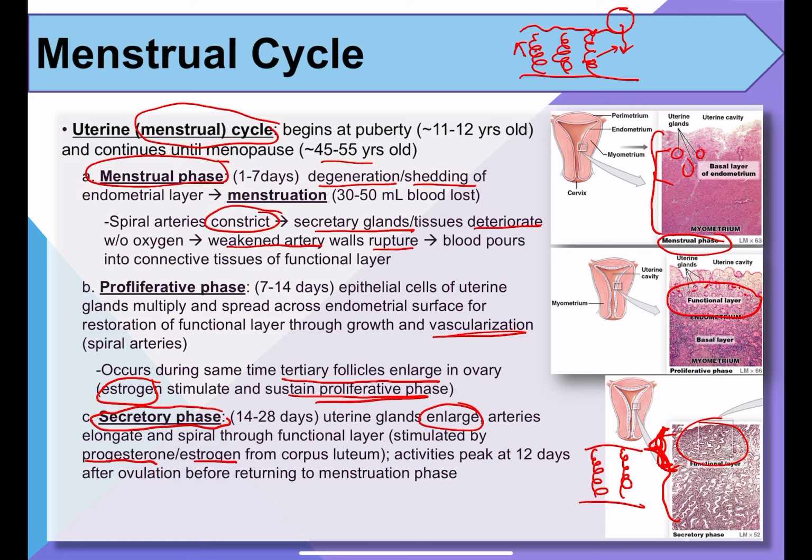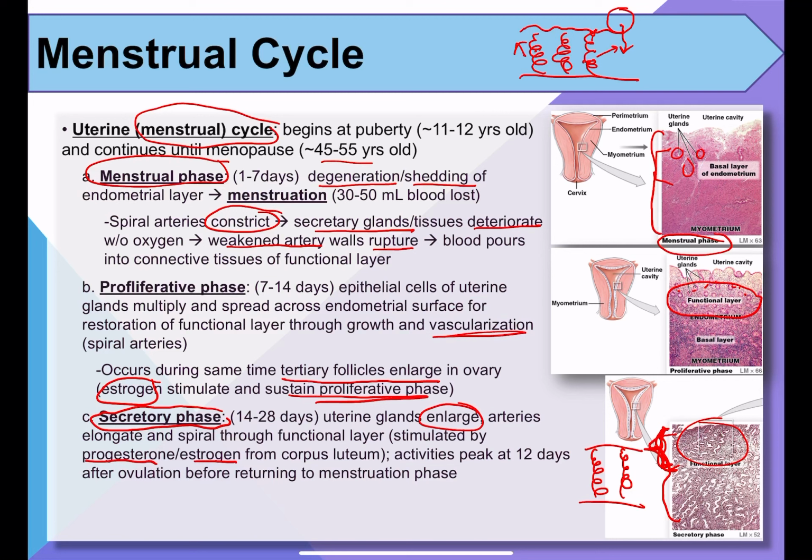And that's why I say the corpus luteum is such an important structure within the luteal phase of the ovarian cycle, because the maintenance of the corpus luteum is what's going to secrete progesterone, and progesterone is what's going to maintain the thickness of the functional layer of the endometrium for potential implantation of a baby.